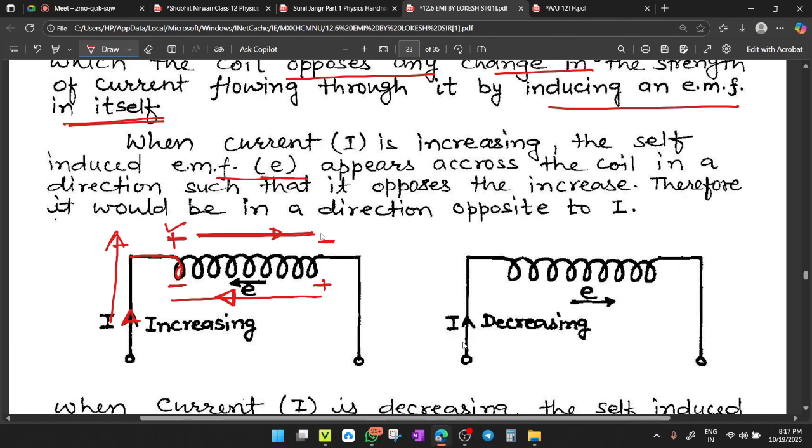So if your source polarity is plus to minus, then the induced EMF polarity is opposite. For the plus terminal it will be minus, and for minus it will be plus. Means opposite polarity. Clear? So when current I is increasing, the self-induced EMF appears across the coil in a direction such that it opposes the increase of main current. Therefore, it would be in a direction opposite to I.